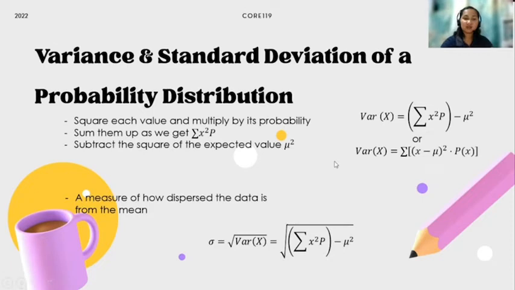And for the standard deviation, we know that it is the square root of the variance. So once you have the variance, just get the square root and you'll arrive at the standard deviation. This will tell you how dispersed the data is from the mean.